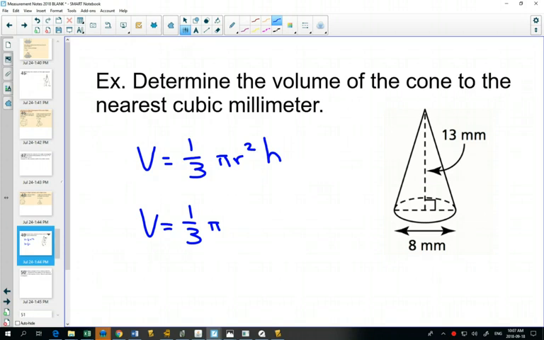I have to be careful here because sometimes people are tempted to put 8 in here. Why can't I put 8 in there? It's my diameter. So how do I find my radius if I know my diameter? Cut it in half. So this will be 4 squared, and then my height is 13.